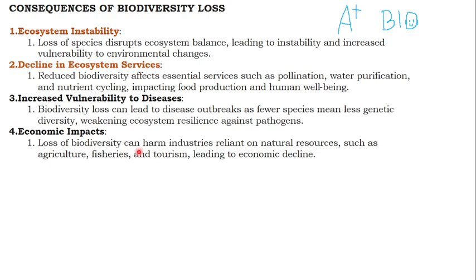Loss of biodiversity can harm industries reliant on natural resources such as agriculture, fisheries, and tourism, leading to economic decline. Once the normal flora and fauna decrease, the tourists will not come. Now the economy is going to suffer. Once you don't have enough natural resources, agriculture and everything declines.